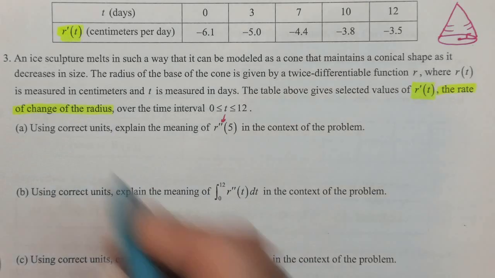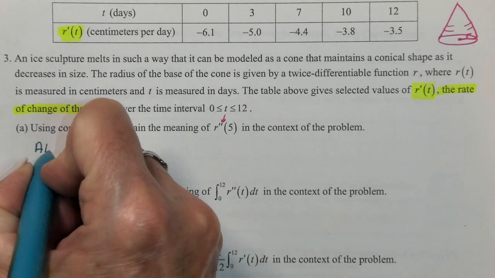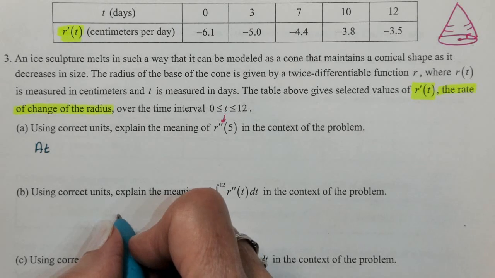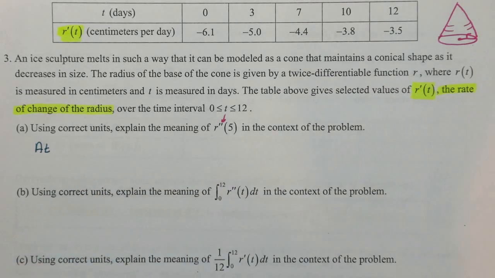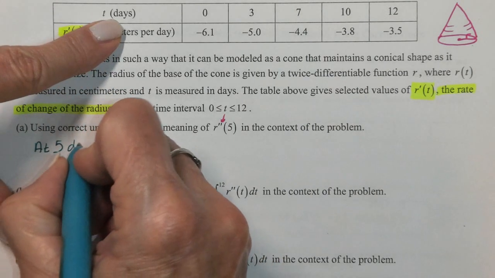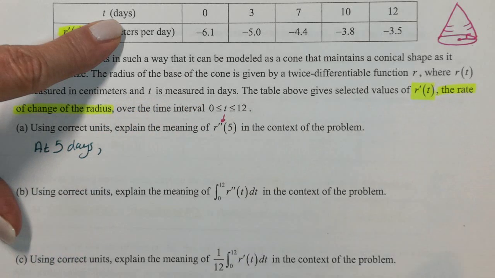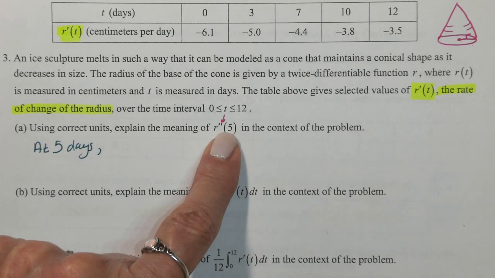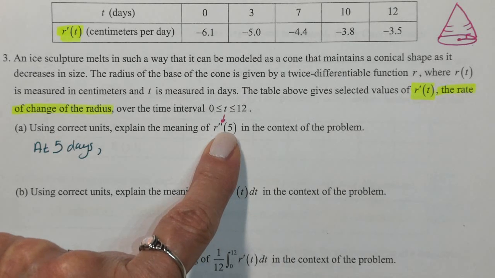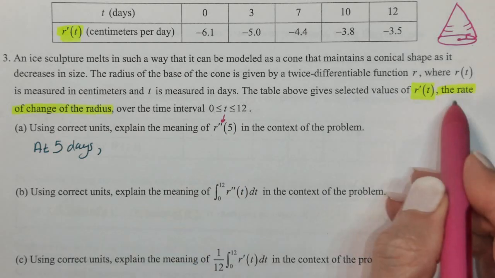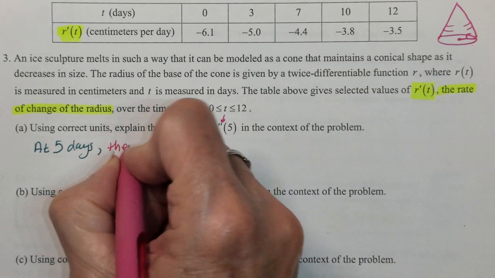Okay? So we begin with "at." Not until, not through, not before, not during, at exactly 5 days. At exactly 5 days, r prime is changing at a rate of this. So I need to give the meaning of r prime, and r prime is the rate of change of the radius.